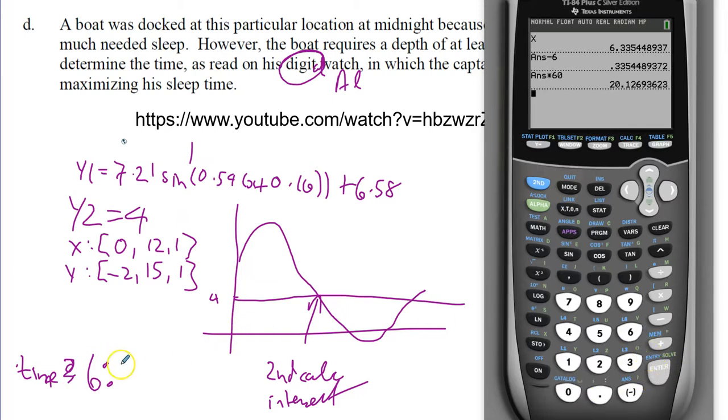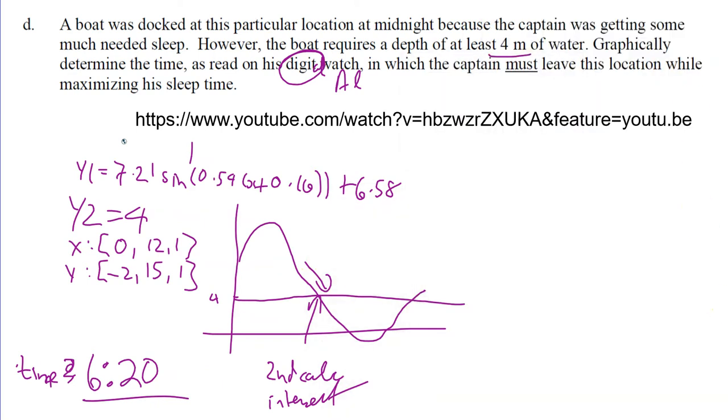So 620. So he would be advised to leave at 6:19, actually, probably at least 4 meters. If he's staying until it drops to 4 meters, then he probably wants to leave a little bit earlier than that, just to allow himself some time. That would be the wise thing to do.